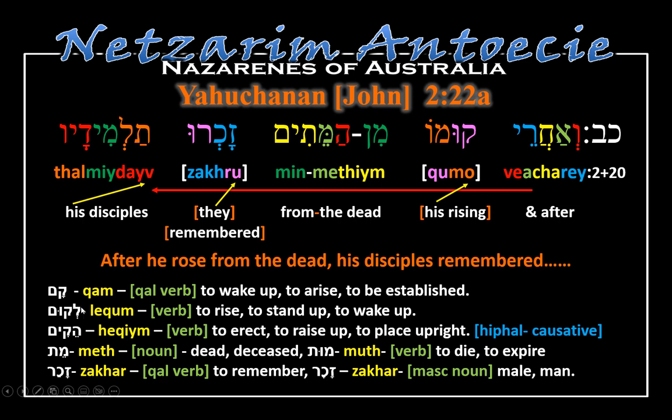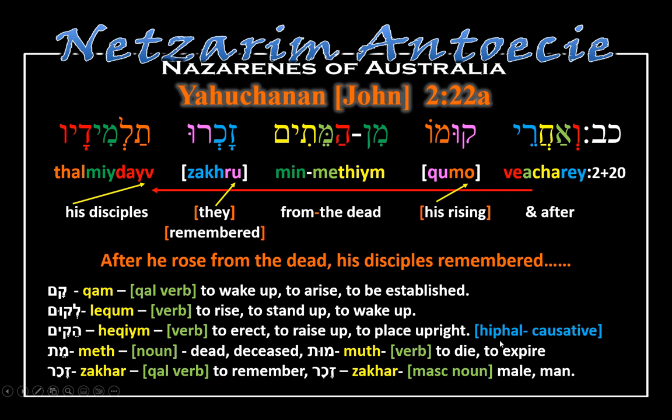And I've given you a few other ones. We know that kam means to wake up, to arise, to be established. Lakum means to rise, to stand up, to wake up. And hekim means to erect, to raise up, to place upright. It's a hifil again. And of course, met is a noun for dead, deceased. And mut is a verb to die, to expire.